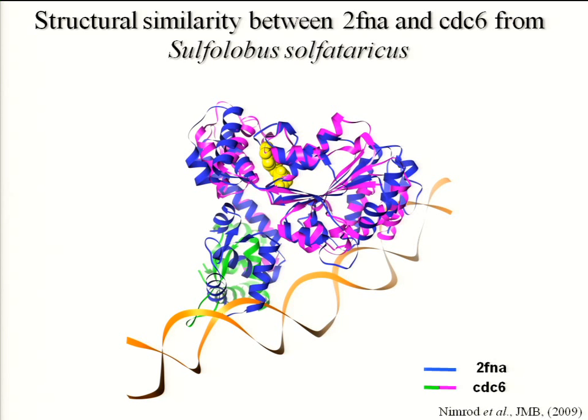That was through ProFunc. He found global similarity to another protein, CDC6, and you see how well they superimpose. And CDC6 was a complex that binds DNA, so presumably 2FNA also binds DNA.